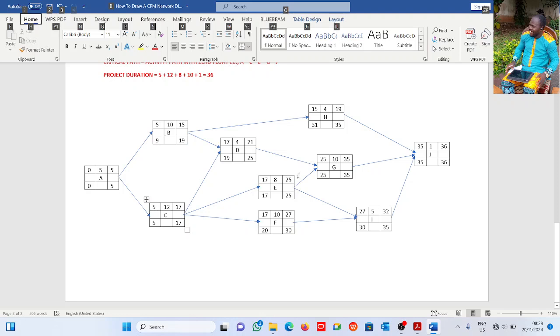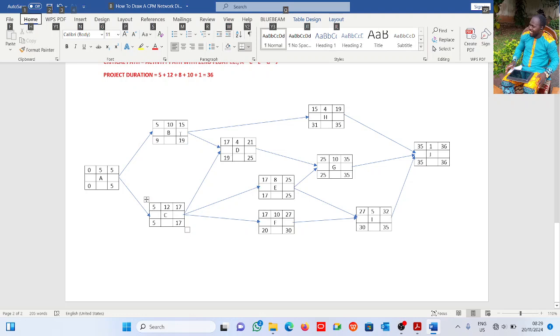Did I get that right? Okay, that's right. So we have 25 minus 4, that gives us 19 as the late start here.